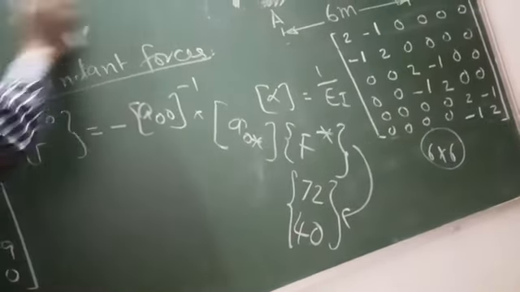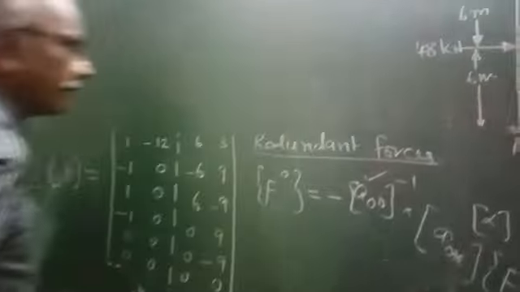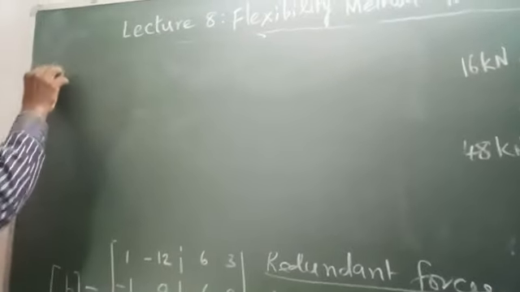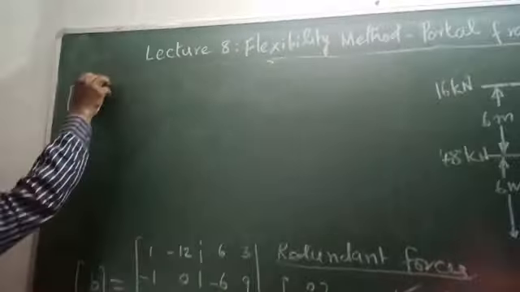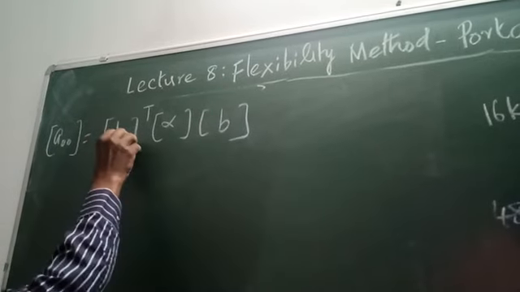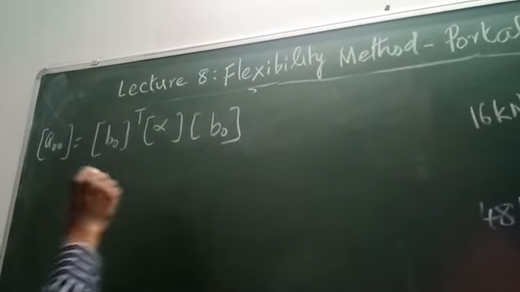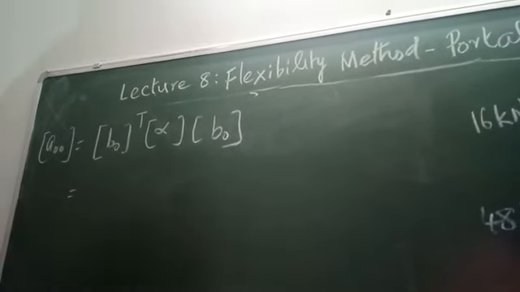Right. Now, first we have to find out A naught naught. A naught naught equal to, as we have discussed this number of times, B transpose alpha into B. This is B naught. So this is equal to B naught, the third and fourth column.